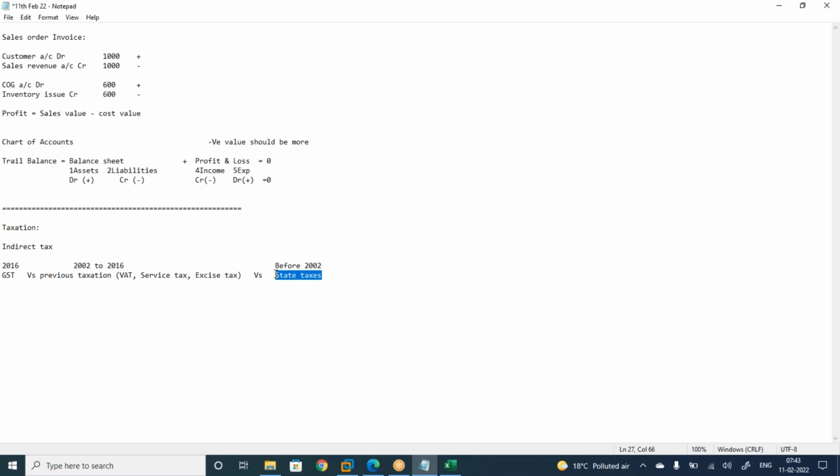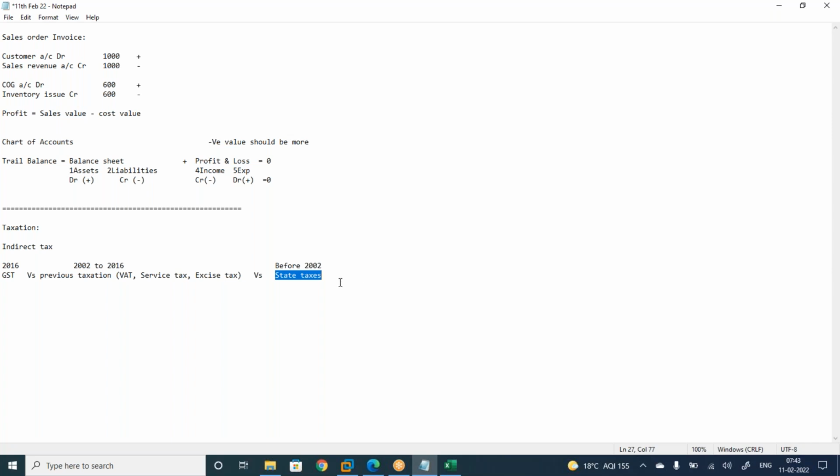If I purchase the same mobile in Chennai, Tamil Nadu, the tax is different, and in Bangalore, the tax is different. Each state has different taxes. Before 2002, each state had different taxes for the same item.